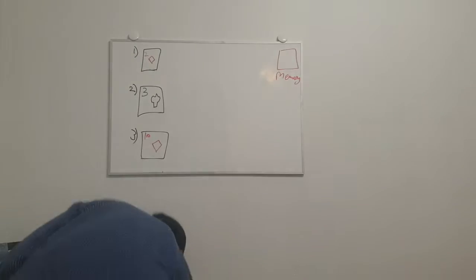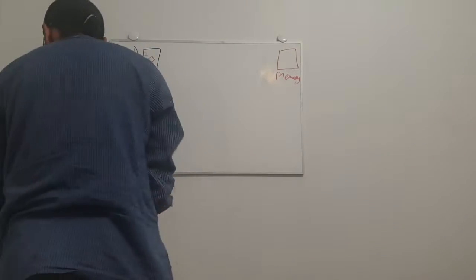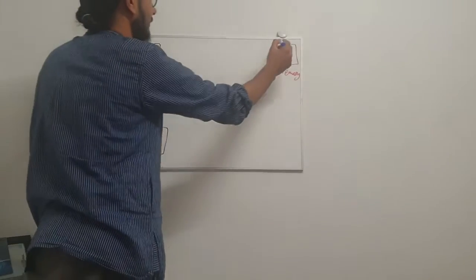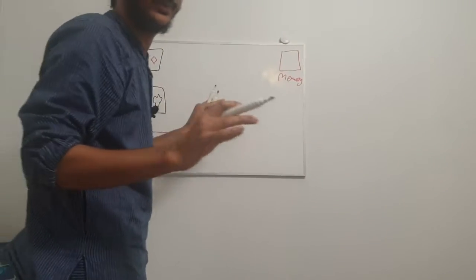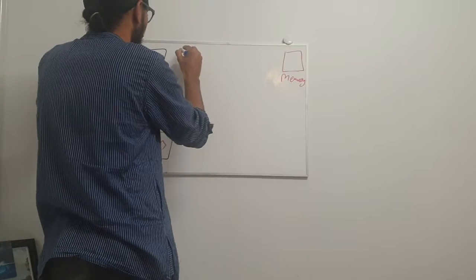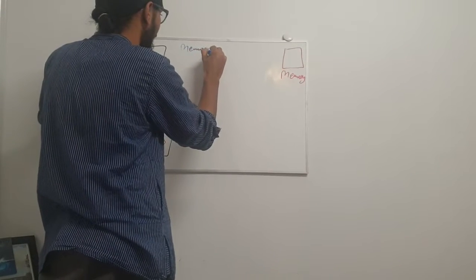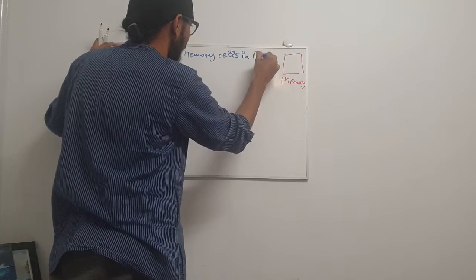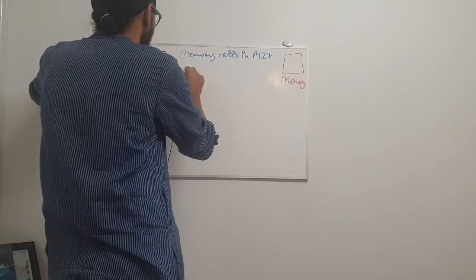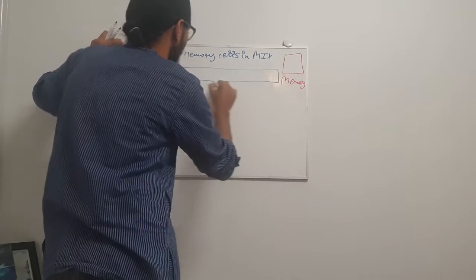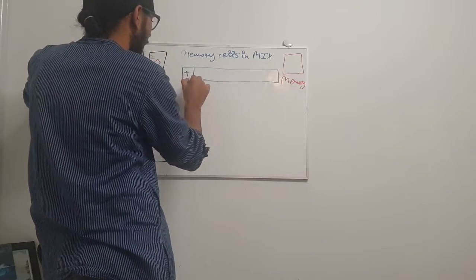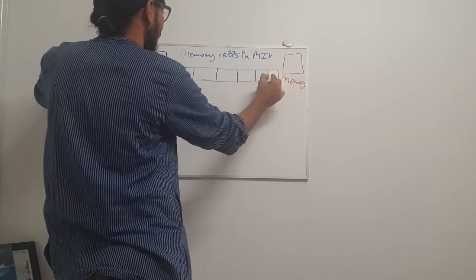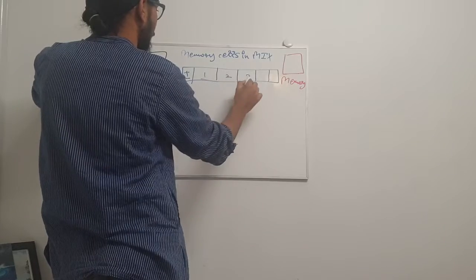And as I have already discussed in the last few videos about the memory cells in MIX, how do we describe the memory cells? Memory cells in the MIX architecture, we said that there will be something like this with a plus or minus sign, and here 5 bytes of data will be stored: 1, 2, 3, 4, 5.